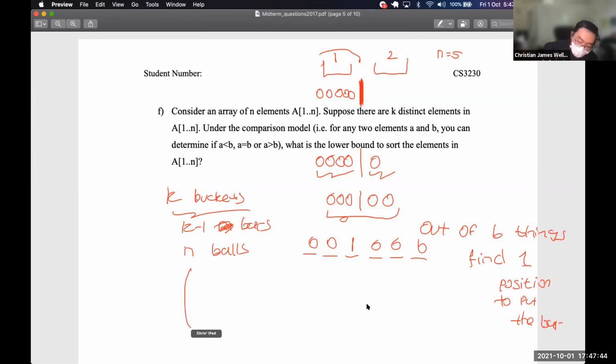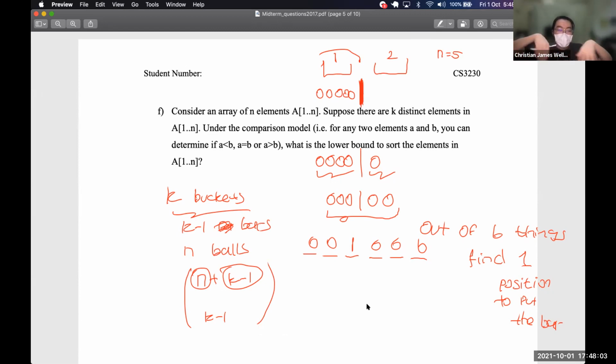Out of n plus k minus 1, because n balls and k minus 1 bars, I choose where to put the bars, and there are k minus 1 of them. So that's how you count how many ways to put n indistinguishable balls into k distinct buckets.